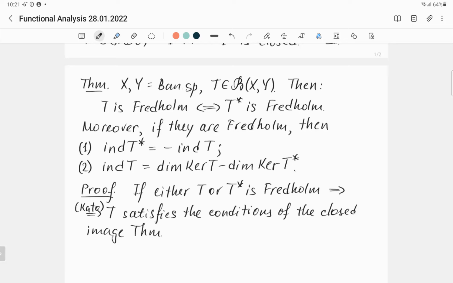So we conclude that in this case, the image of T and the image of T star are closed vector subspaces of Y and X star respectively.